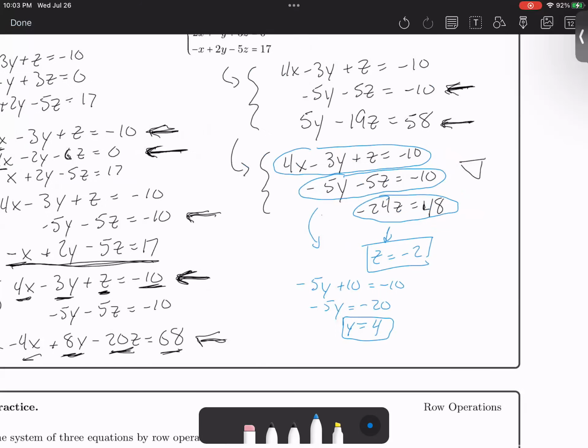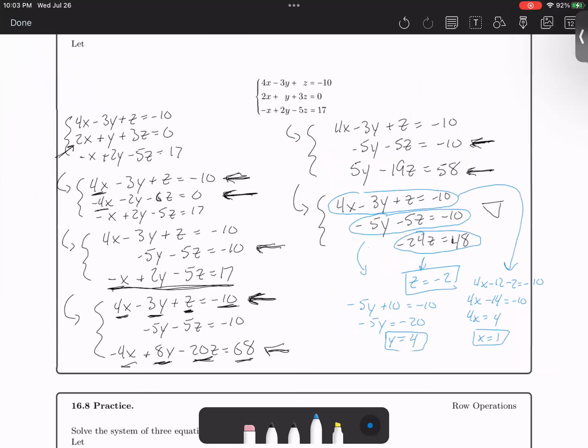And then once we know that y is equal to 4, our first equation, 4x minus 12 minus 2 is minus 10. So 4x minus 14 is minus 10. 4x is equal to 4. x has to be 1.